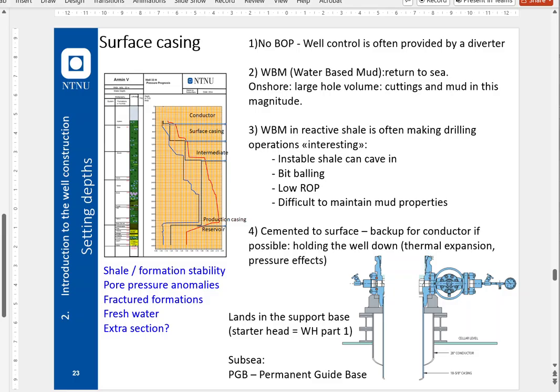If it's onshore, you have a huge hole volume, and you have lots of cuttings to handle. Very often still you have low weight on bit because of the same reasons as before. Little guidance of the pipe, lots of vibrations.